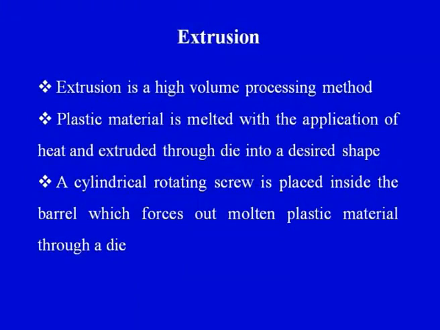A cylindrical rotating screw is placed inside the barrel which forces out the molten plastic material through a die. So, the pressure here is being applied with the help of a rotating screw. So, it is a screw type of extrusion process. We can have other types of extrusion processes also in which we can use a piston and cylinder type of arrangement to subject pressure on the molten plastic so that the plastic comes out of the die opening.